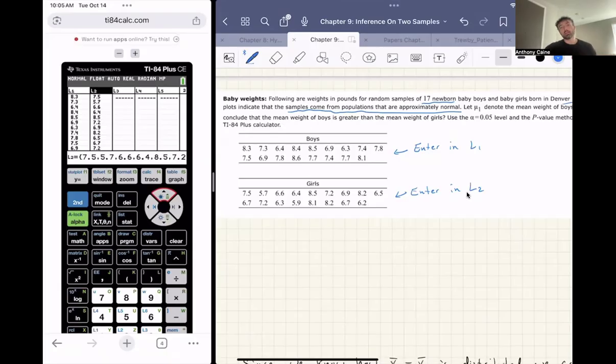The two things underlined in blue right now go together because famously 17 is less than 30. For the most part in this class, if you want to do any type of t-test, or most stats tests in this class, 30 seems to be the magic number for sample size. And anytime there's a number less than 30, somewhere in the problem it'll say this is already normally distributed, so don't worry about it.